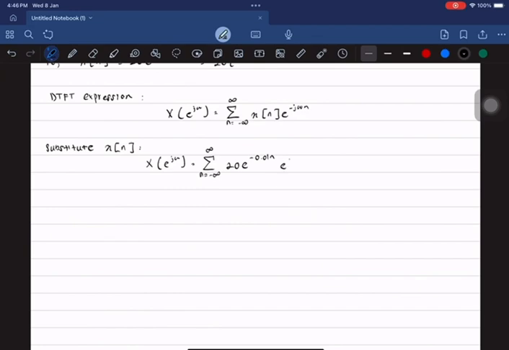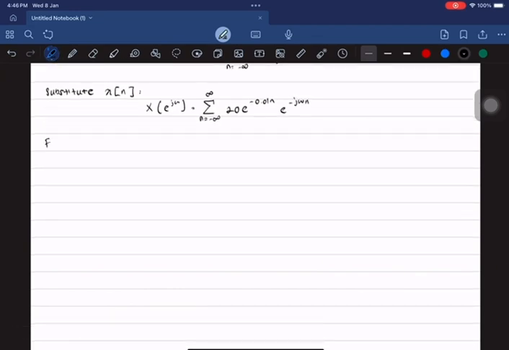After that, we factorize the equation: X(e^jω) equals 20 times the summation from n equals 0 to infinity of (e^(−0.01) e^(−jω))^n.